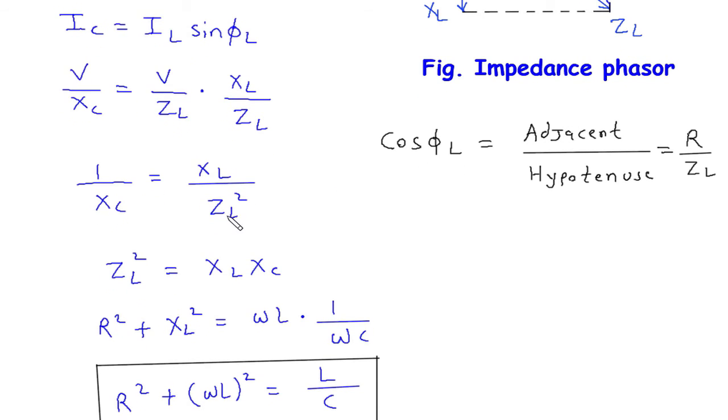Then if we take ZL square to the left side, ZL square is equal to XC multiplied with XL. So ZL square is equal to XL into XC.